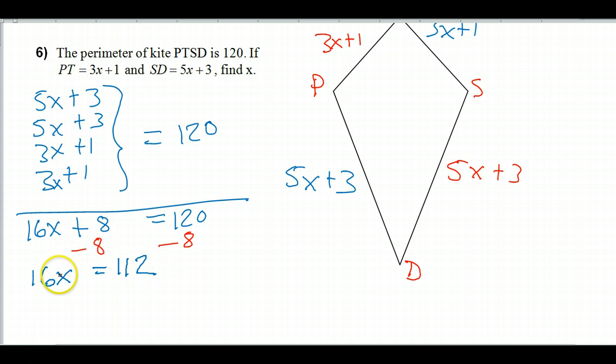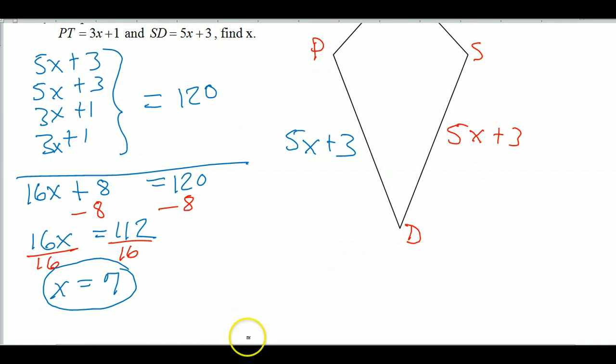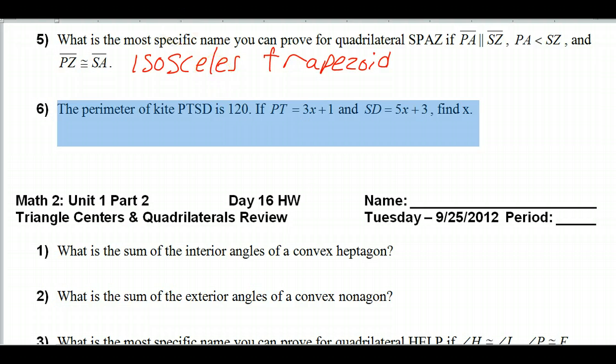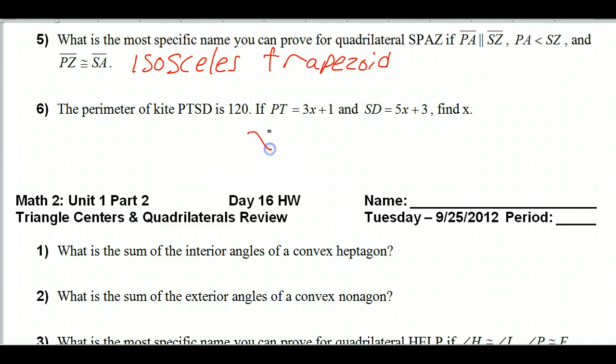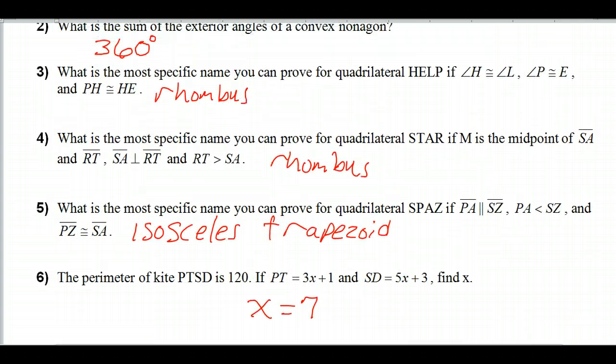Then I need to divide both sides by 16. That will give me x equals 7. So that's it. x has to be 7. Okay, and that is how you do it.